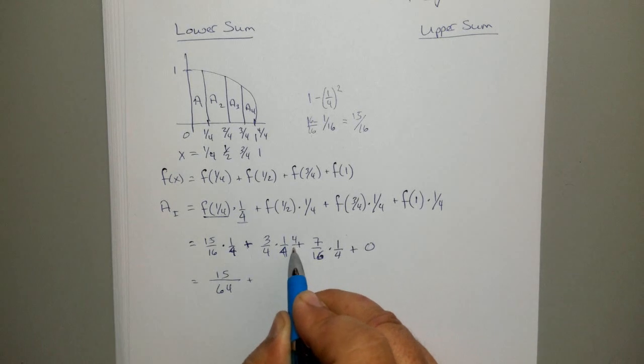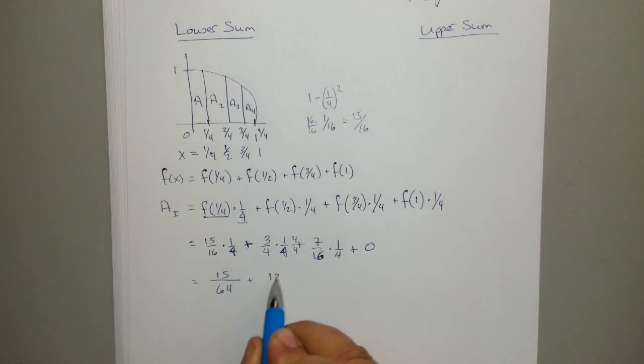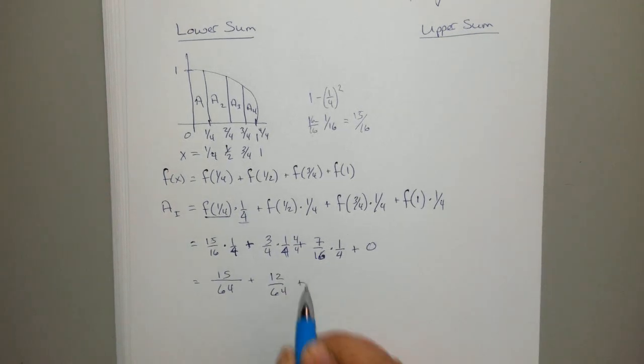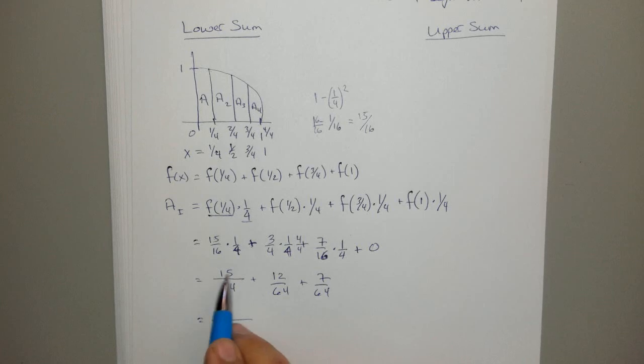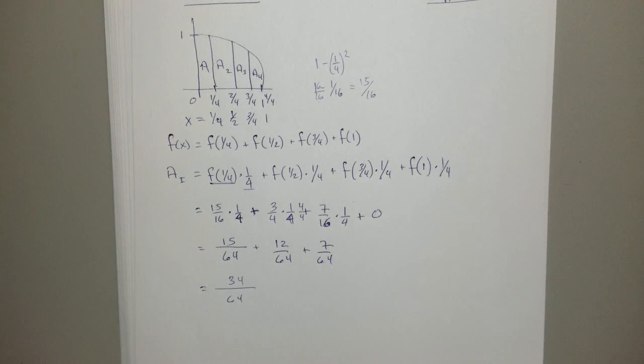This one needs a 4 over 4. 12 over 64. 7 over 64. 27. 34 over 64. That's the summation of those areas. That's the inscribed area.